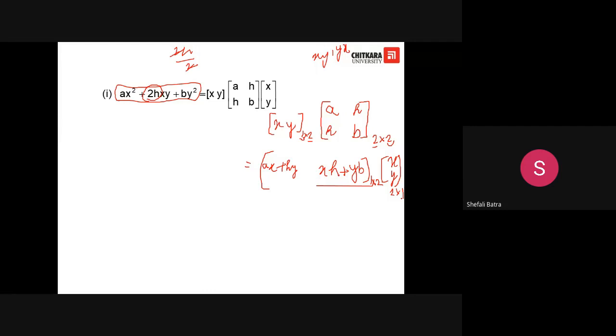Again multiply this. So now what will you get here? You'll be multiplying this row with this column.